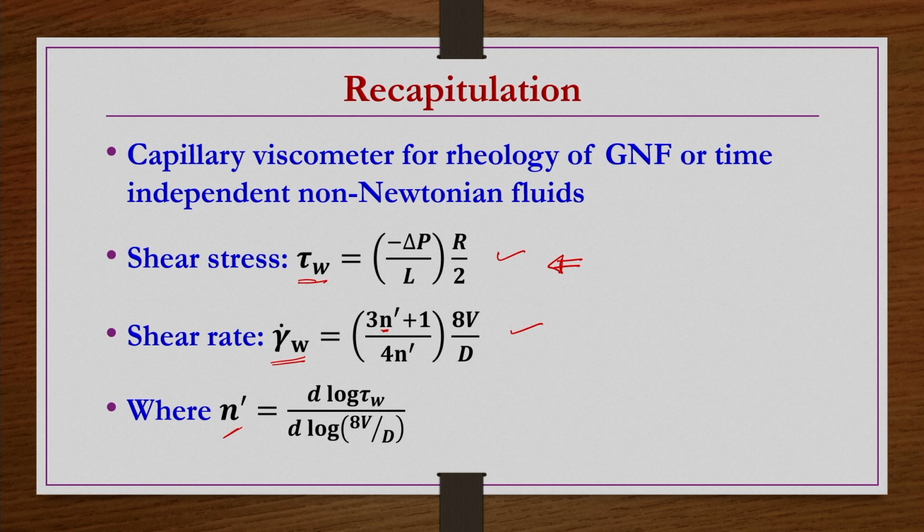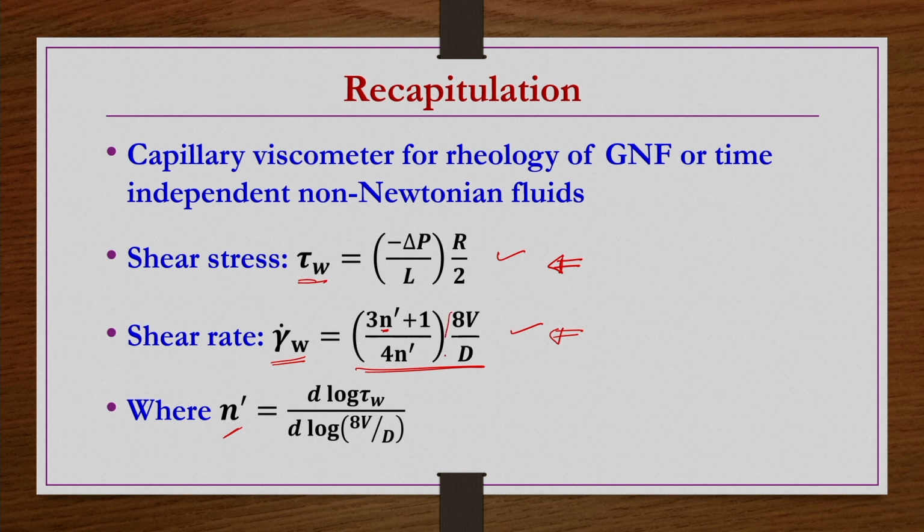Similarly, if you know the volumetric flow rate for that pressure drop, from there you can find the average velocity, and once you know the average velocity, you can find the wall shear rate. And this shear rate, (3 n prime plus 1) by (4 n prime) into 8 v by d, is nothing but the true shear rate for time independent non-Newtonian fluids or generalized Newtonian fluids.